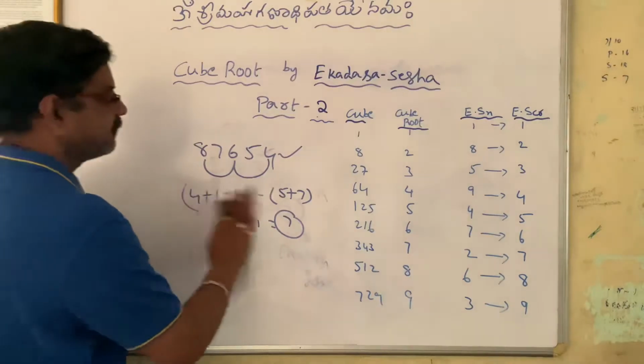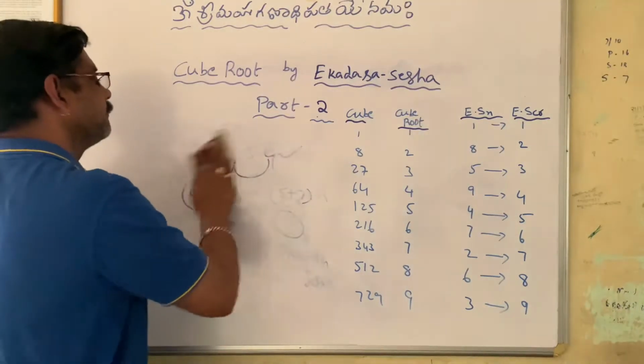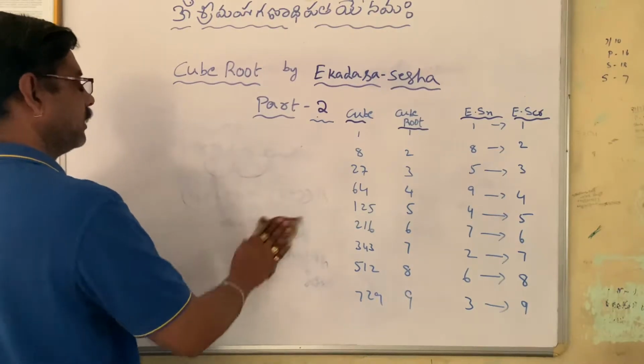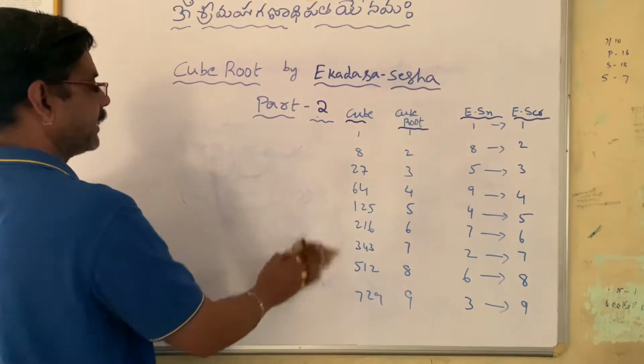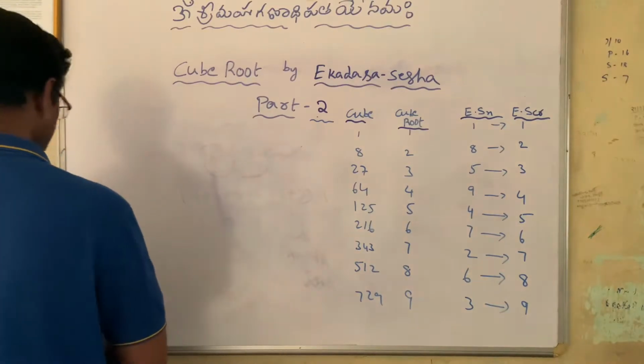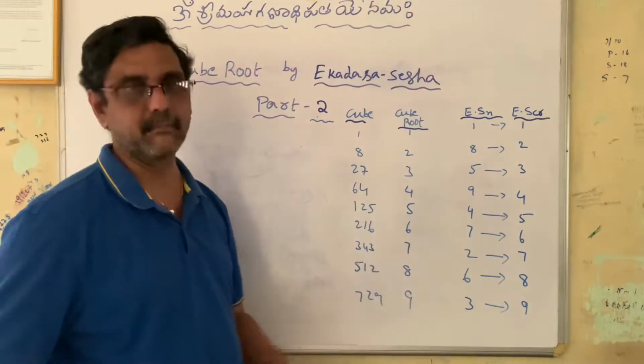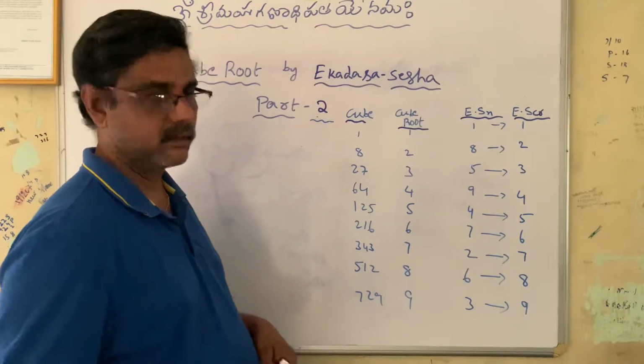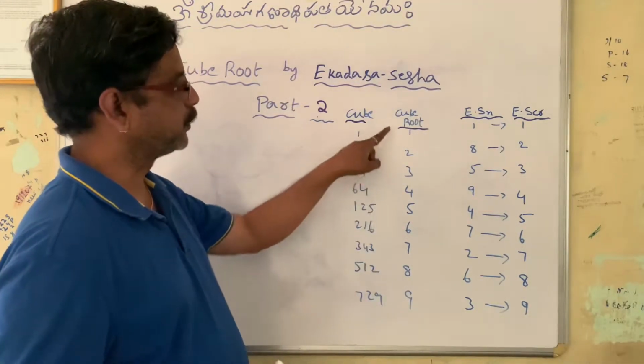In that way we can find the remainders when a given number is divided by 11. Here, observe this table. All these are perfect cubes and all these are their cube roots.